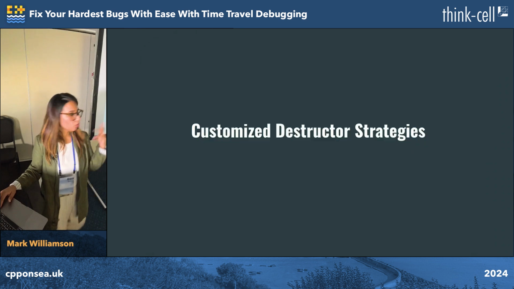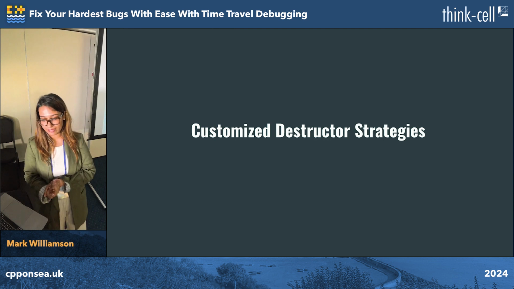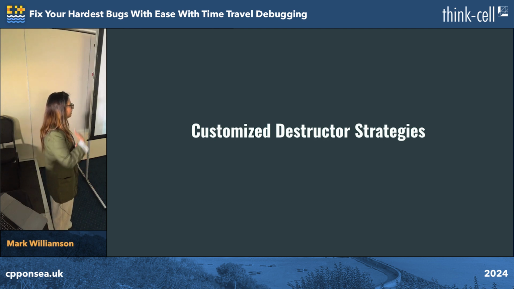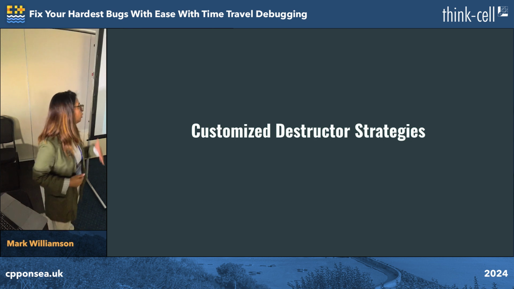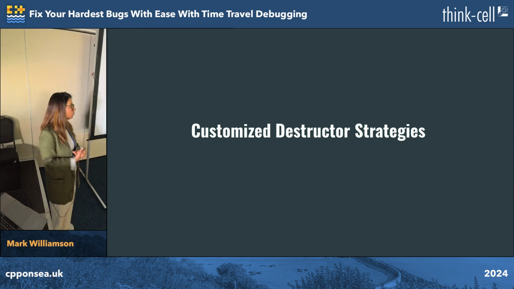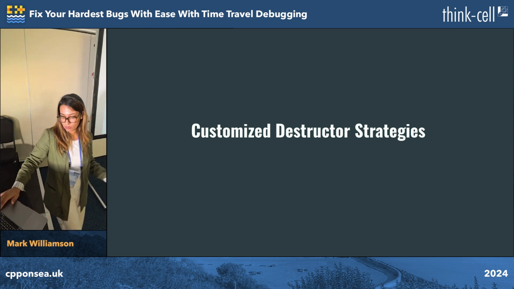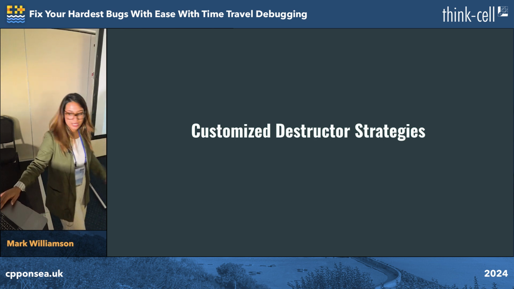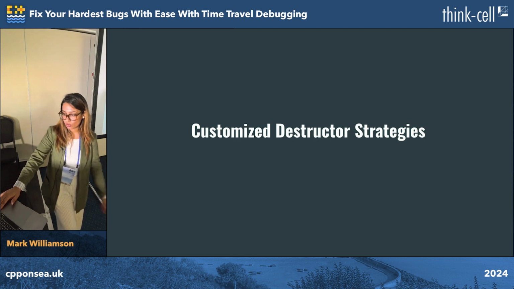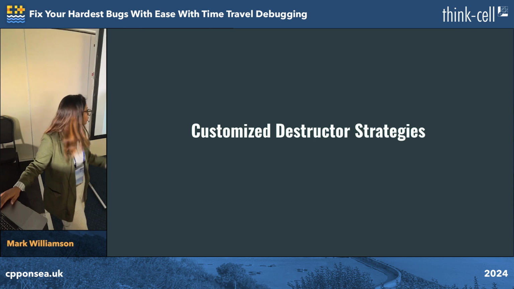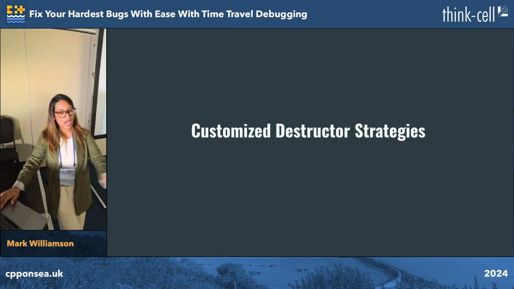All right, now that we know everything about this, another use case that we worked on is bringing in more customized destructor strategies. Although a lot of it is handled automatically, even if you use shared pointers, having customized destructor strategies is also very important, and they play a crucial role in resource management, ensuring that the resources are properly released when an object goes out of scope.